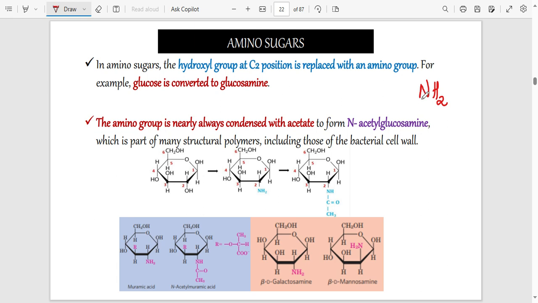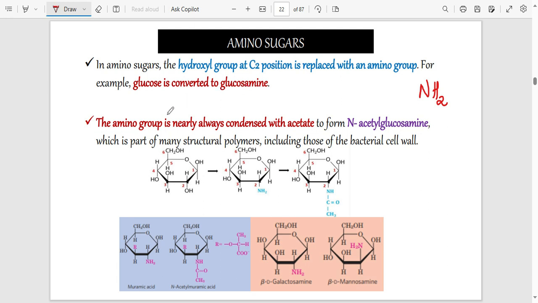When you add an amine at carbon number 2, we remove the OH. What we've done is we have converted glucose to glucosamine. Just remove the E at the end of glucose and then put the word amine there. So glucose to glucosamine, that is what you can see there.